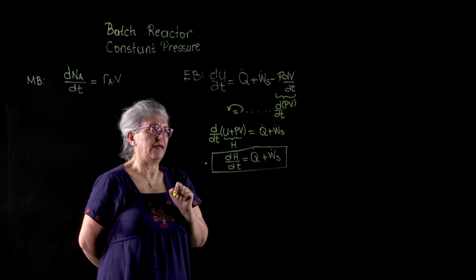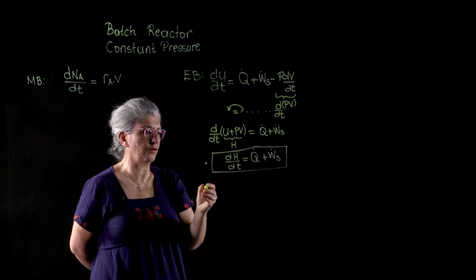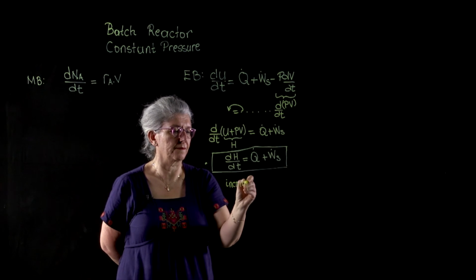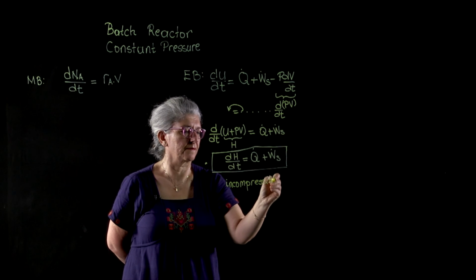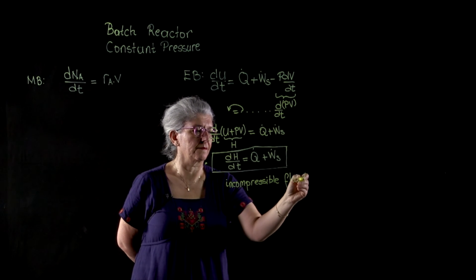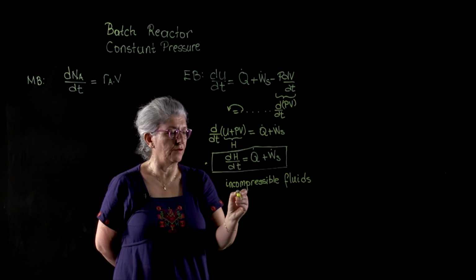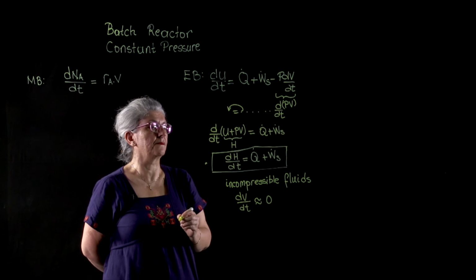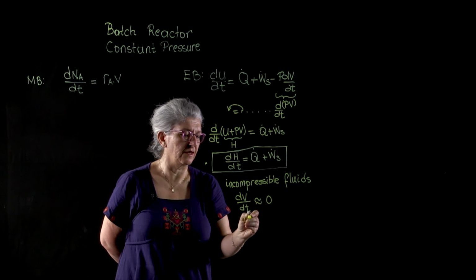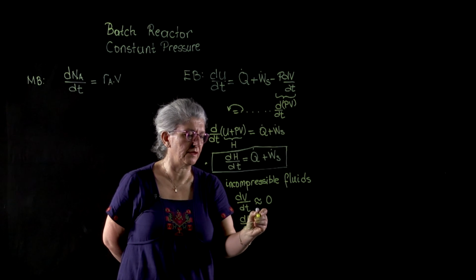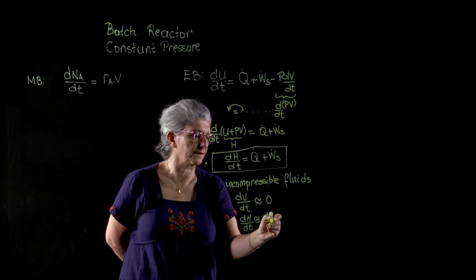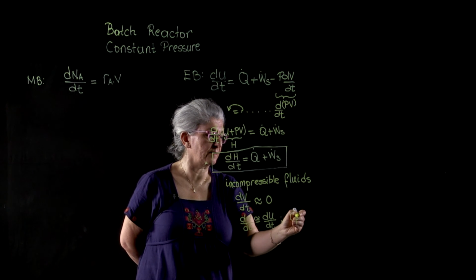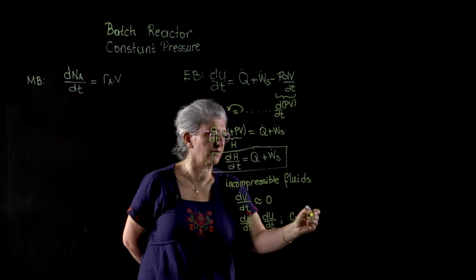But we also have to keep in mind that under constant volume conditions for incompressible fluids, such as liquids, the dV over dt term is approximately 0, and dH over dt is approximately equal to dU over dt, and as a result, heat capacity at constant pressure is almost equal to the heat capacity at constant volume.